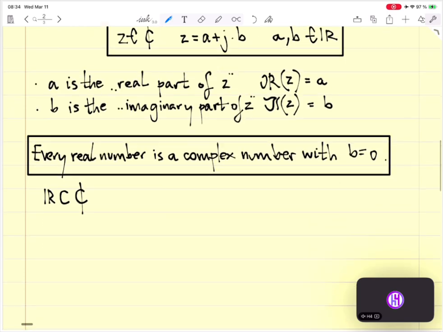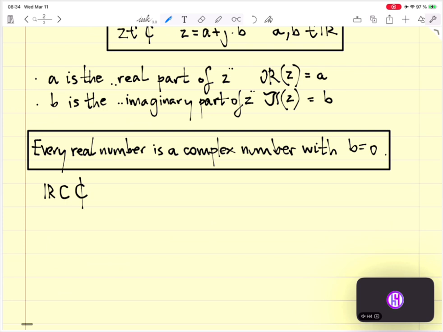So when we paint the whole intuition of this complex number on the board, we say here we have our real axis. Here we have our imaginary axis, which is 90 degrees up.